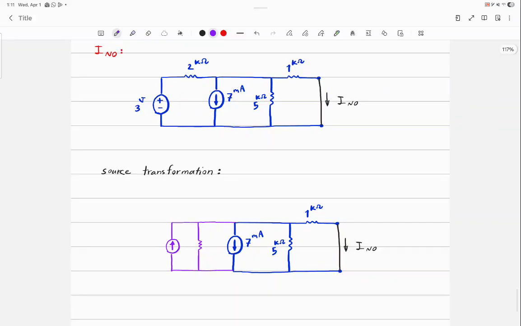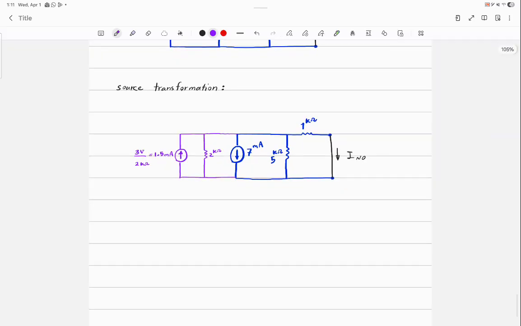The value of the resistor should be 2 kilo ohms, and the value of the current source is 3 volt over 2 kilo ohms, which is 1.5 milliamps. What's the next step?